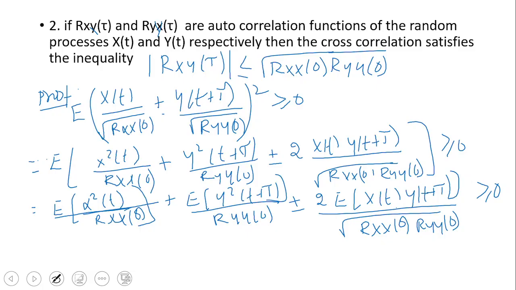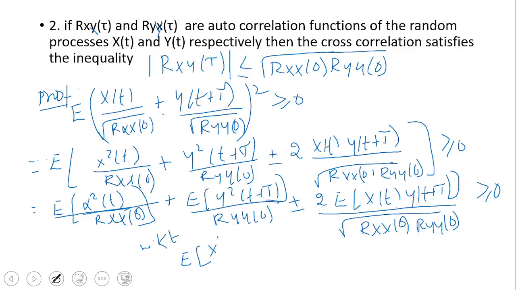Now if you see what we are having, E of x square of t. If you remember the properties of the autocorrelation function, from the first property, E of x square of t is equal to r x x of 0, that is the autocorrelation function at tau equal to 0, the mean square value.